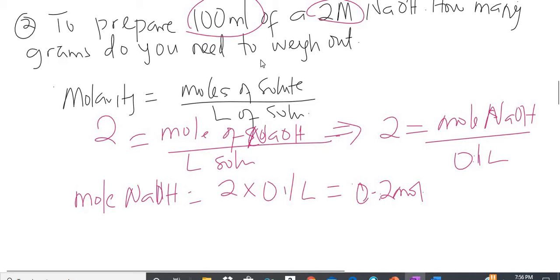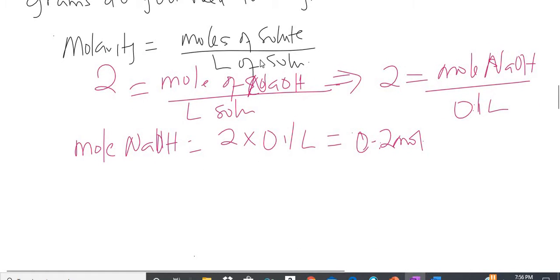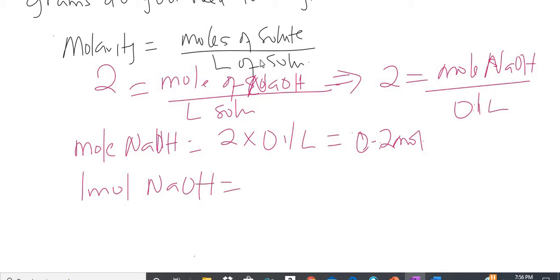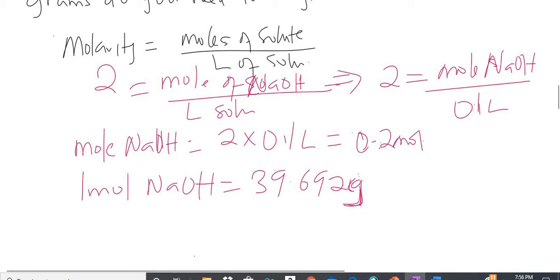Now, from the previous example, we know that 1 mole of sodium hydroxide from the periodic table is 39.692 grams. So we find the gram equivalent of 0.2 moles.